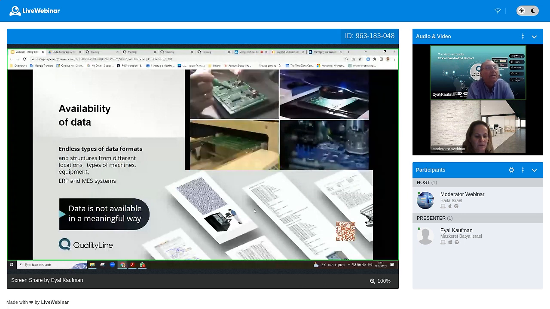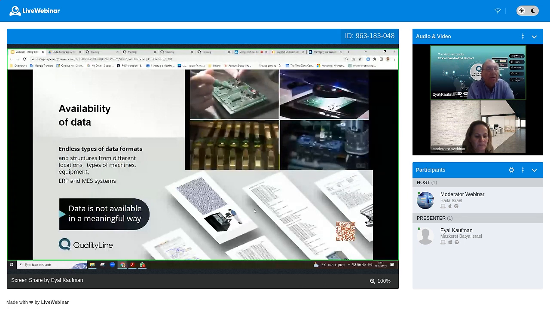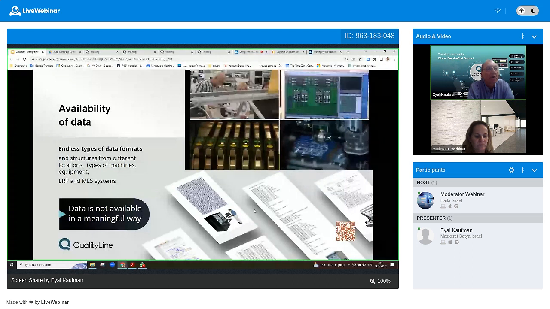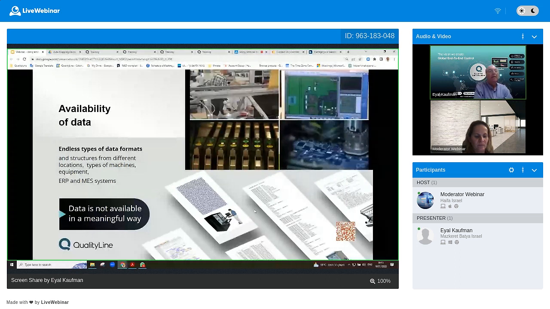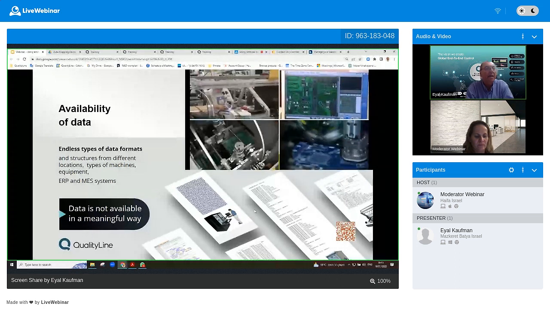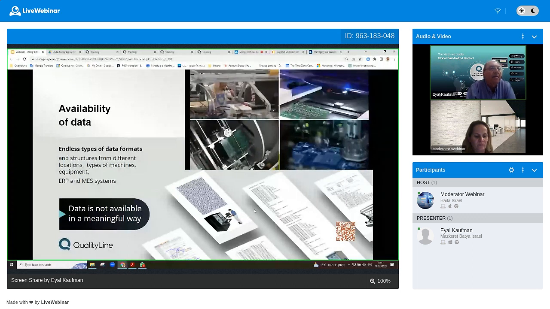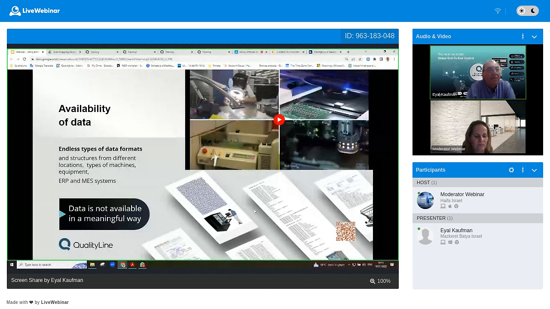Okay? It's not one type of data structure or one type of data format. Every machine, every sensor, every test equipment, the data is saved in a totally different format. And this fact is a major problem. Why? Because the fact that it's saved in different data structures and formats prevents us from getting the detailed information and running cross correlation between the different data sources.